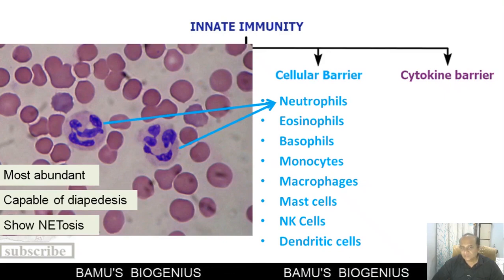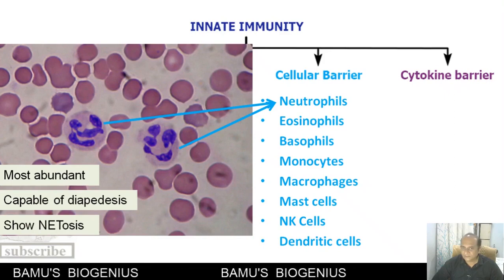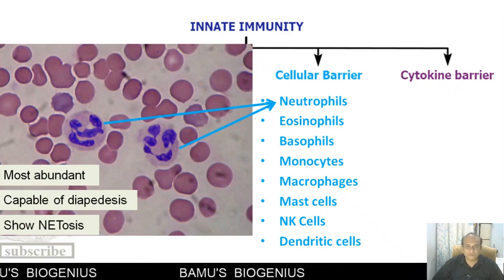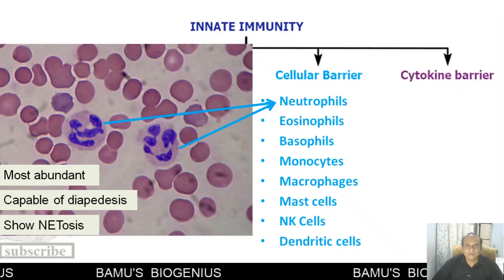This is known as NETosis. So neutrophils are a very important part of the cellular barrier. They are even capable of phagocytosing the pathogen. All these characteristic features make neutrophils a very important part of the innate immune system.